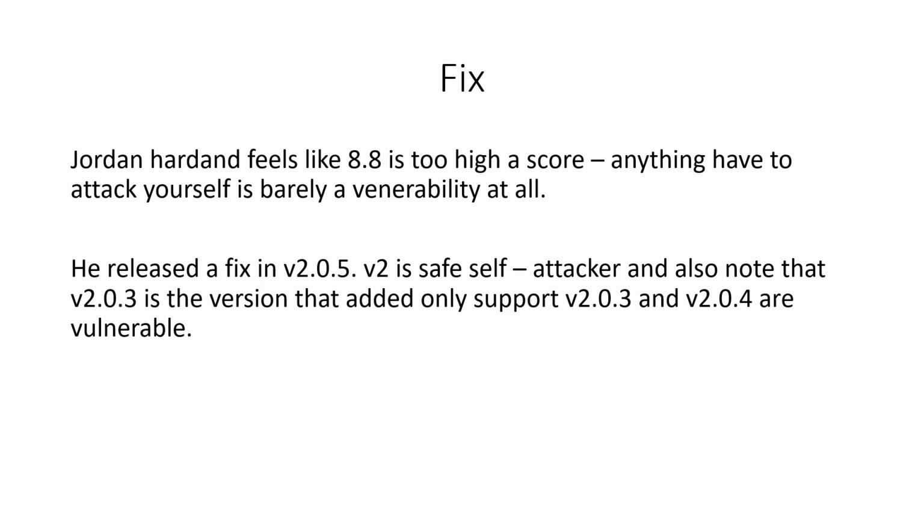Also note that V2 0.3 is the version that added only support, and V2 0.3 and V2 0.4 are the vulnerable ones. This is one of the fixed problems by John Hidden in CVE 2022. Thank you.